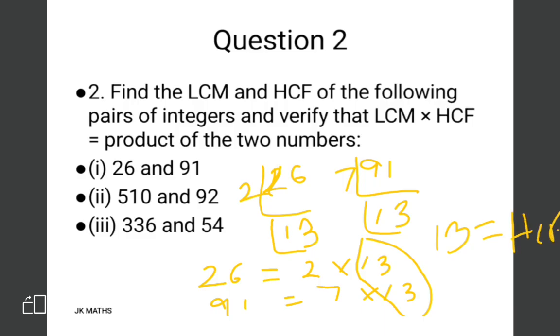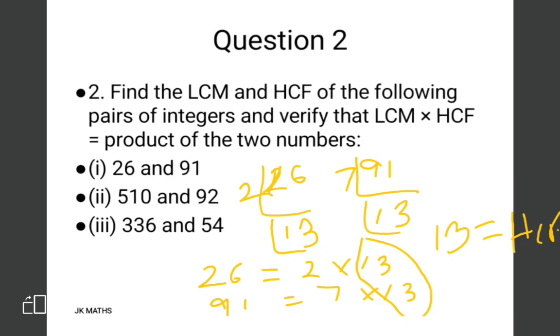In the abbreviation we are saying highest common factor, so we should find the common number which suits both the numbers. That is, 13 is the common number. Now let's see LCM. Since the HCF is 13, we should take all the numbers for LCM.